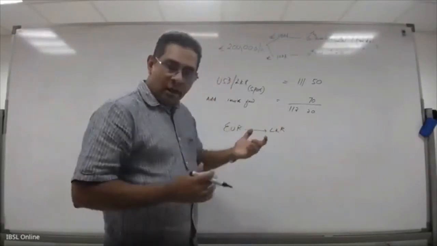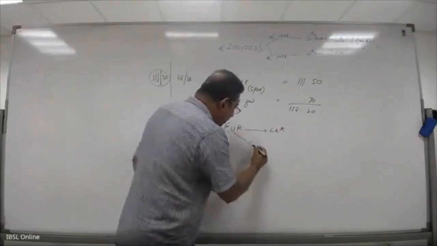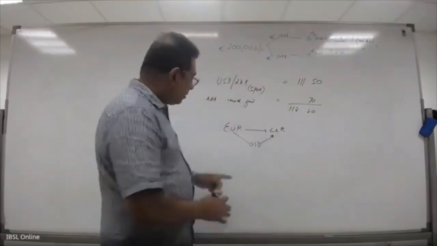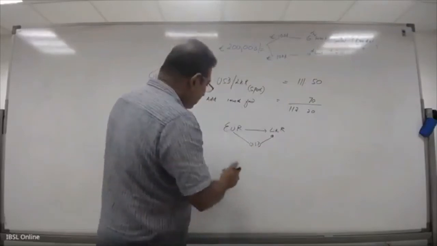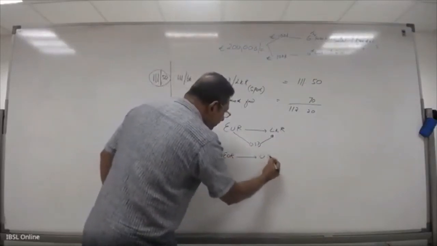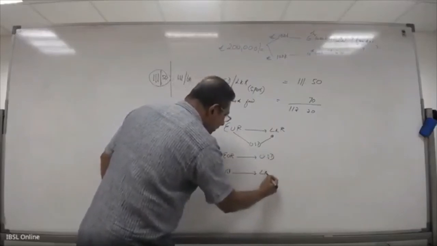Euro to LKR, hardly any market. So therefore, euro has to be converted to US dollars, then reconverted to LKR. So this is the first leg and this is the second leg. Euro has to be converted into USD first, and USD has to be reconverted back into LKR.